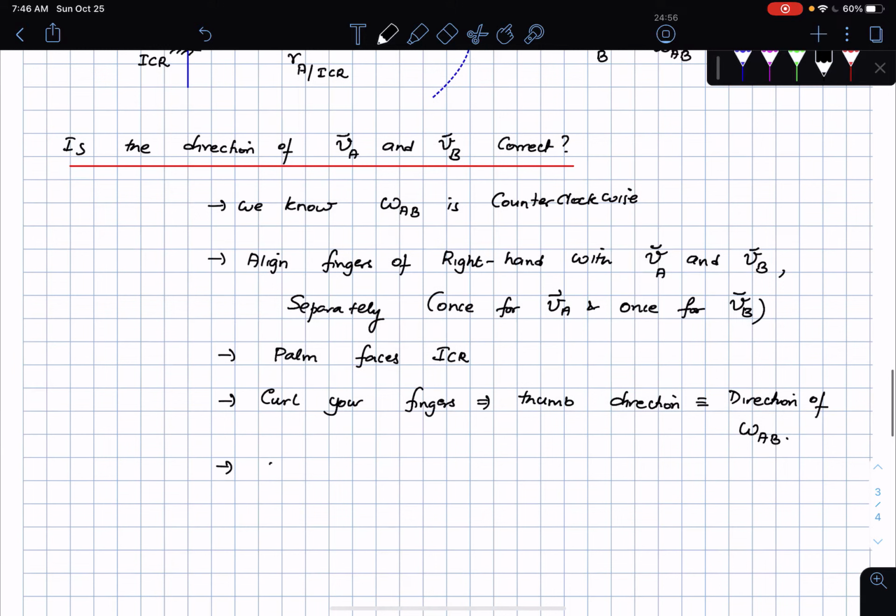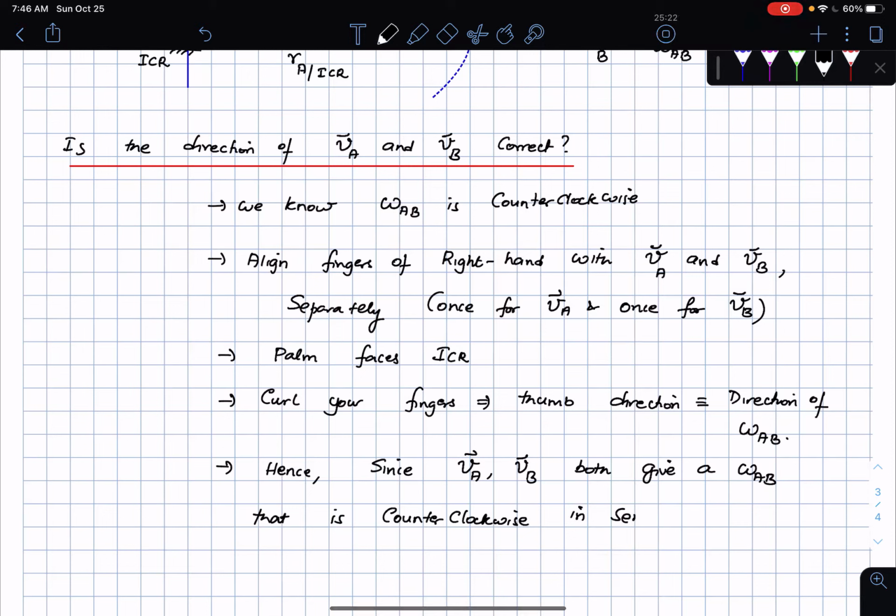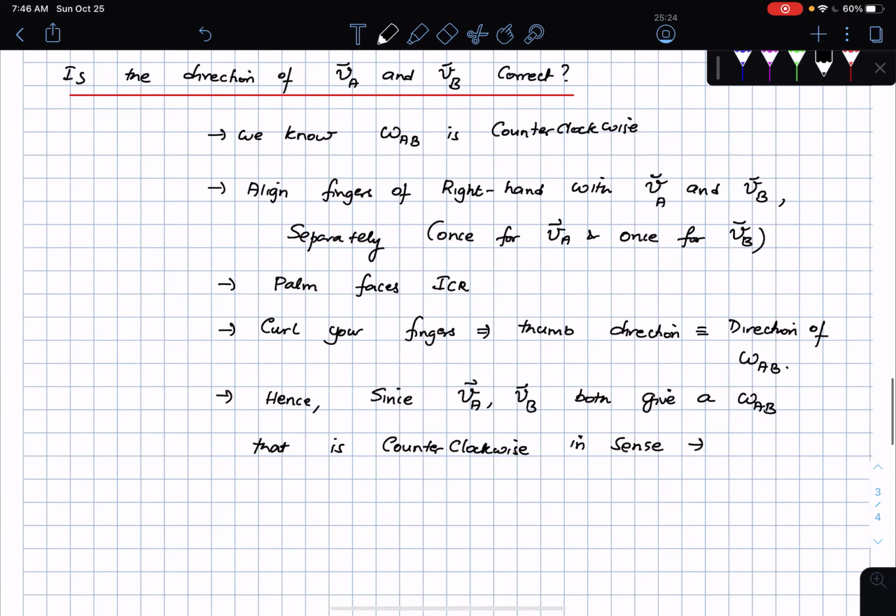Hence, since VA and VB both give an omega AB that is counterclockwise in sense, this goes with the info given in the problem.